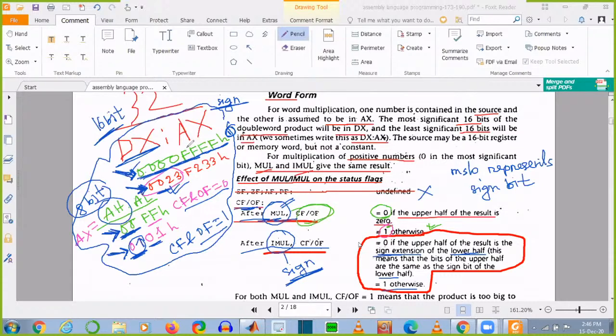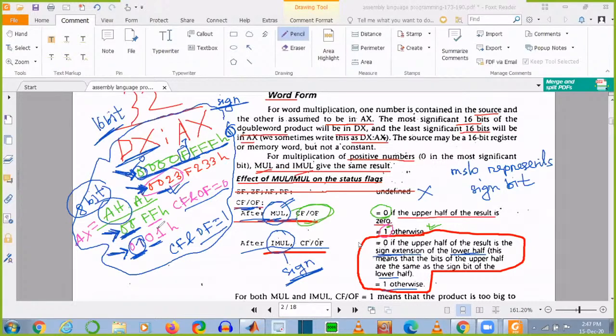ওকে, সো এখানে হচ্ছে লোয়ার হাফের সাইন বিট, আপনারা কি লোয়ার হাফের সাইন বিট বলতে পারতেছেন না কেন? এমএসবি বলে তো দিছি, এমএসবি রিপ্রেজেন্ট সাইন বিট। হোয়াট ইজ এমএসবি ইন লোয়ার হাফ? 1, sir. বিট নাম্বার 15 দেখতে হবে, বিট নাম্বার 15 কি এফ। সো এখানে আপার হাফের এমএসবি কি? 0। জিরো স্যার, ইয়েস স্যার। সো তাহলে কি দে আর সেম অর ডিফারেন্ট?